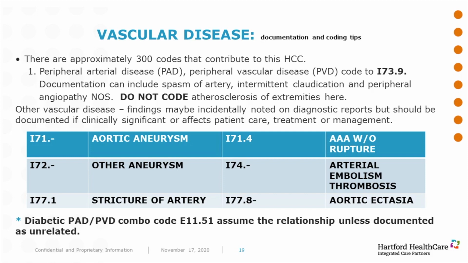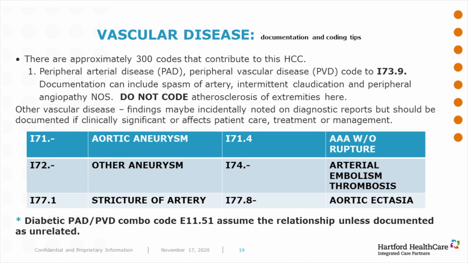Other vascular disease findings may be incidental, noted on diagnostic reports, and should be documented if clinically significant or affects patient care, treatment, and management. So most of the time we'll find an aortic aneurysm in an imaging report, stricture of artery, arterial embolus, or aortic ectasia.